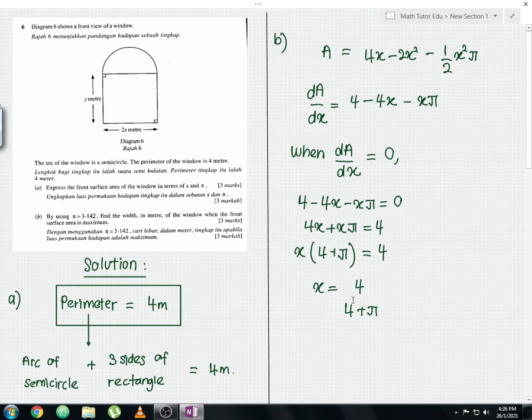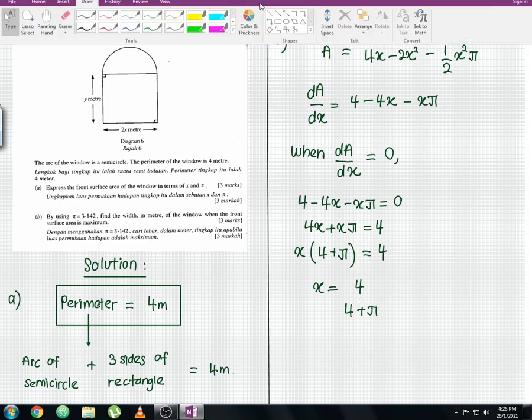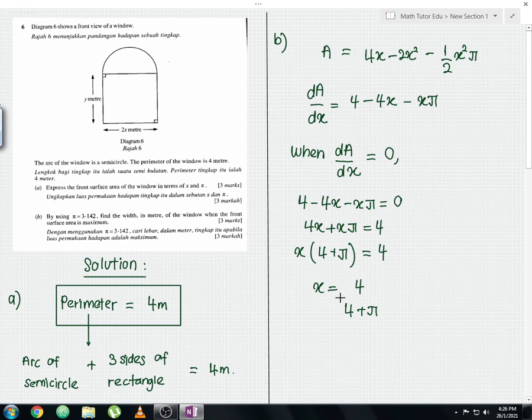Let me underline the fraction. Since the question asks us to use the pi value equal to 3.142, we can straight away use it. So x will be equal to 4 over 4 plus 3.142.